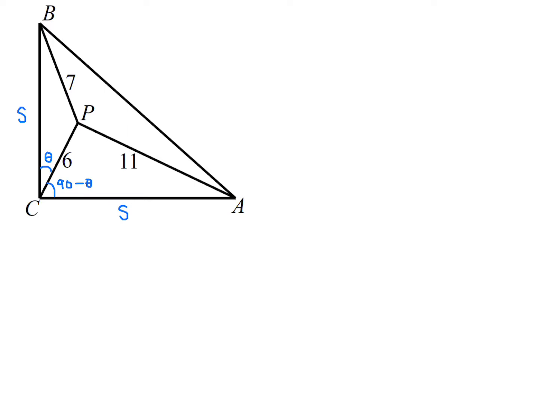Okay, and now I'm going to use the law of cosines twice. The first is in the triangle BCP, right here, and the next one is going to be in triangle ACP.